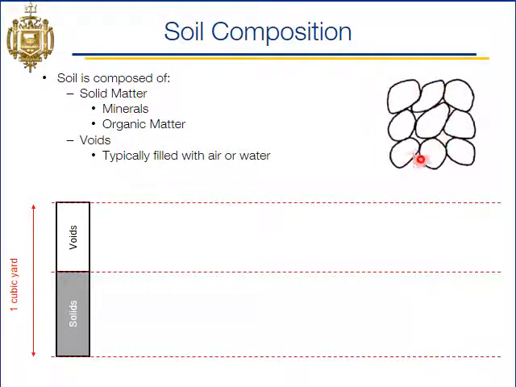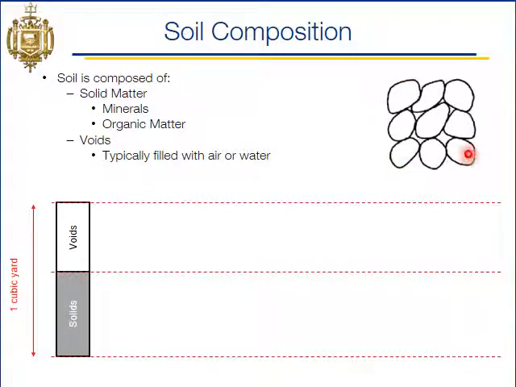We've got 9 little particles, and they don't fit together perfectly. They're not perfectly square U-Haul boxes that you put in the back of the truck and fill up perfectly. These are all different shapes and sizes because nature isn't perfect, and things don't always get broken down exactly the same way.